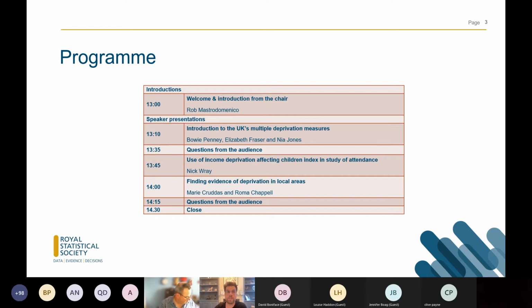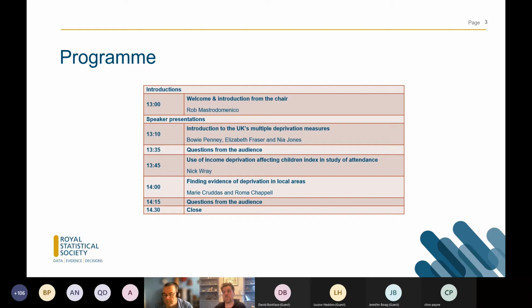Our first session will be the introduction to the UK's multiple deprivation measures, and the speakers will be Bowie Penney, Elizabeth Fraser and Nia Jones. Bowie is a senior analyst in the Ministry of Housing, Communities and Local Government. He is the lead analyst on the English Indices of Multiple Deprivation and provides support for policy areas on integration, faith and equalities.